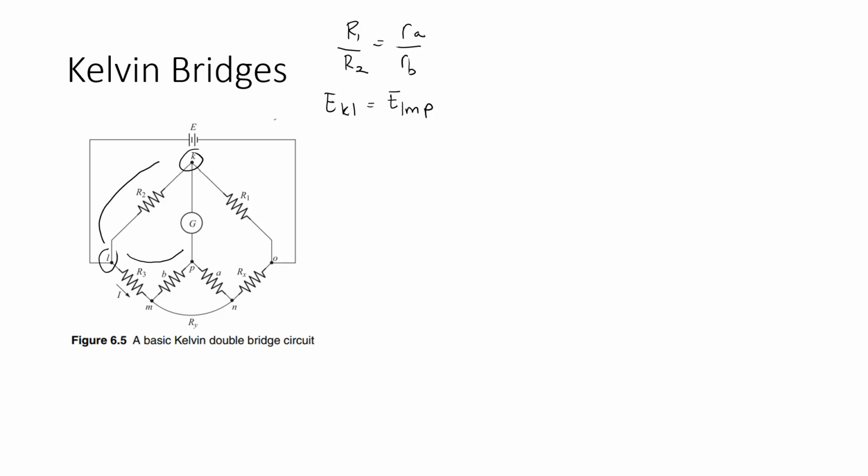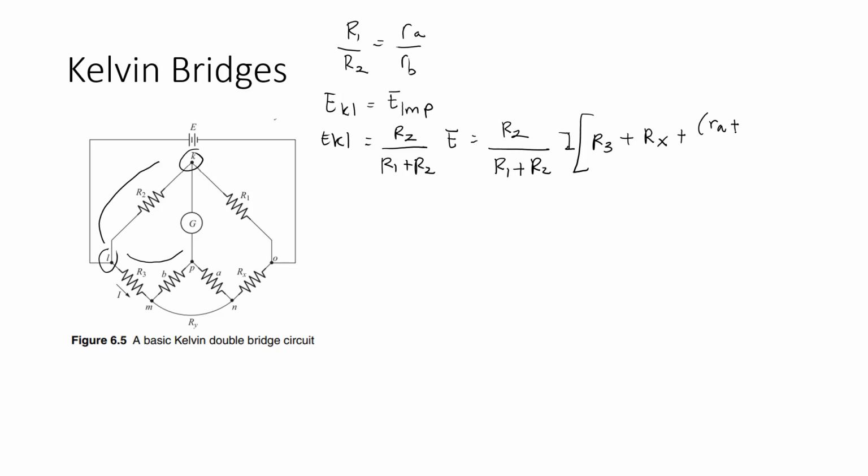So this is the balanced bridge. E_KL is equal to R2 per R1 plus R2 multiplied by E, which is R2 per R1 plus R2 dot I multiplied by R3 plus Rx plus Ra plus Rb Ry per Ra plus Rb plus Ry.